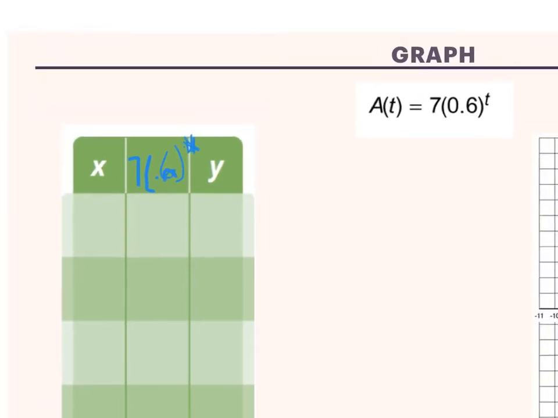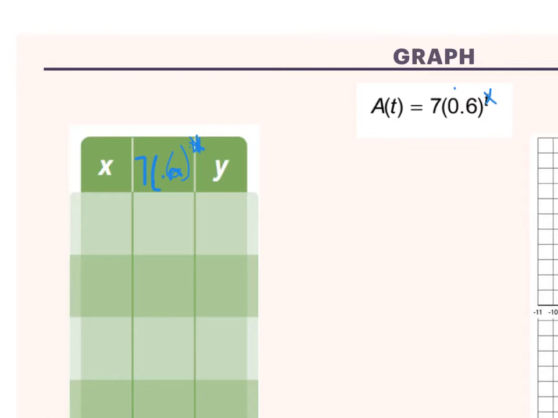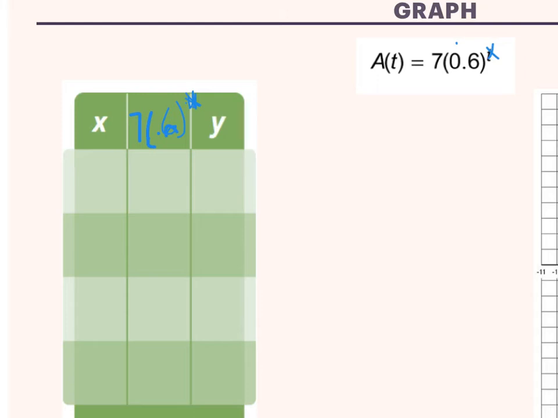I'm going to change this to x. It doesn't matter. T is our variable, so it could be anything. So we could call it t, we could call it x. Same thing. So again, we're going to plug in the same values for x. We're going to stick with -1, 0, 1, and 2.